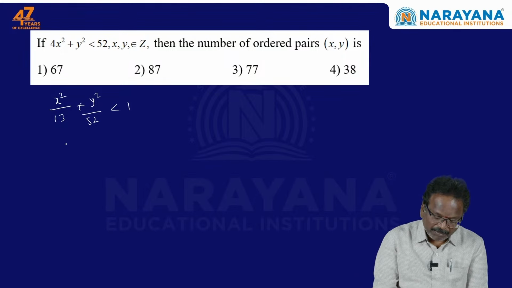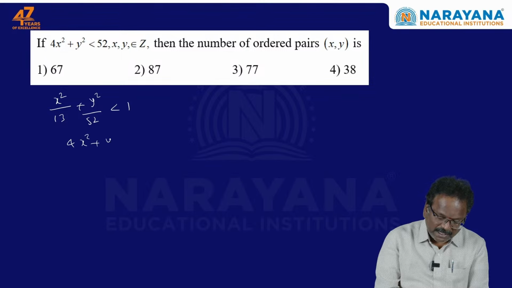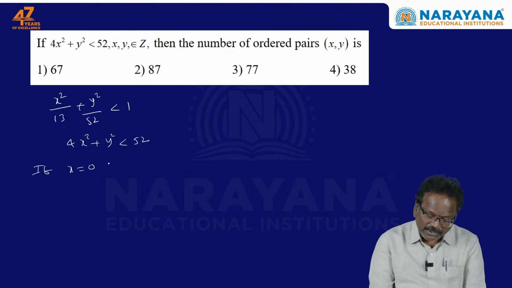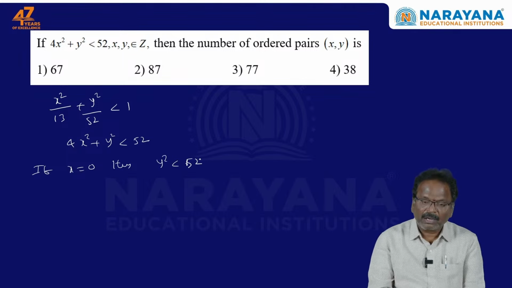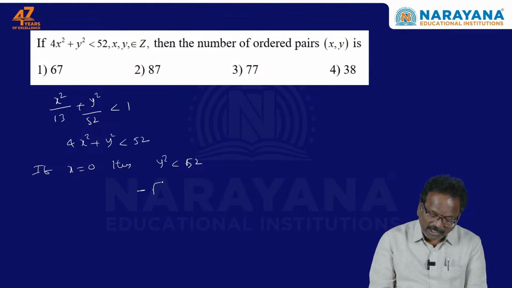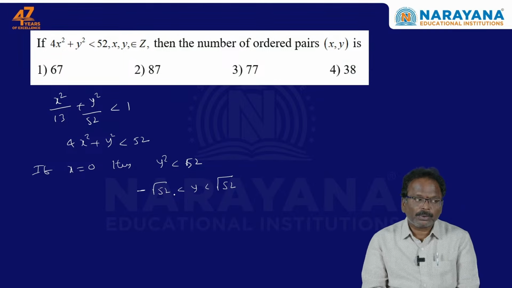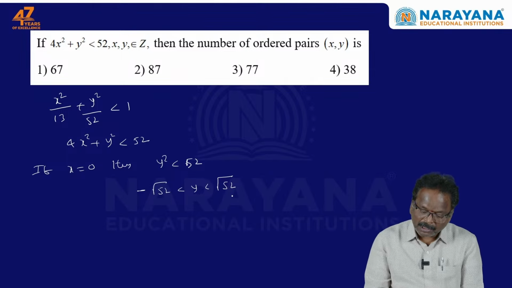Suppose x is 0, how many integral coordinates are possible for y? If x is 0, y square less than 52, so y lies between minus root 52 and plus root 52. This is 7.1. Therefore, integer values for y are 15 only.